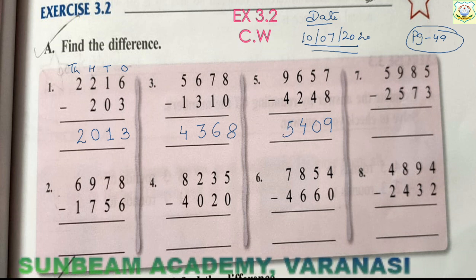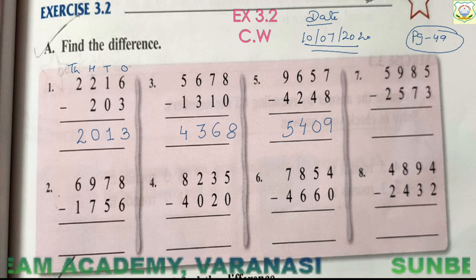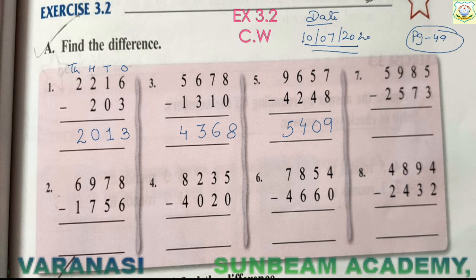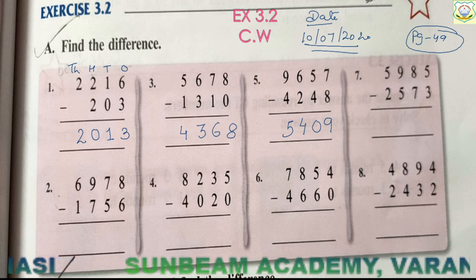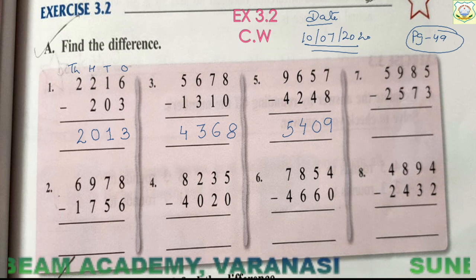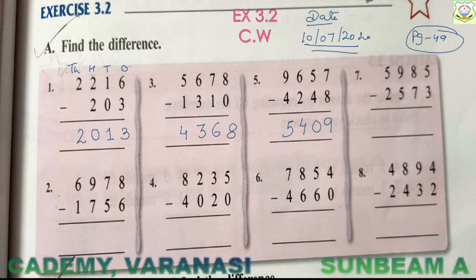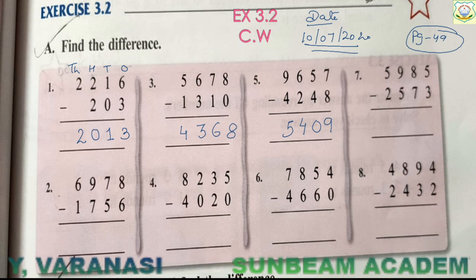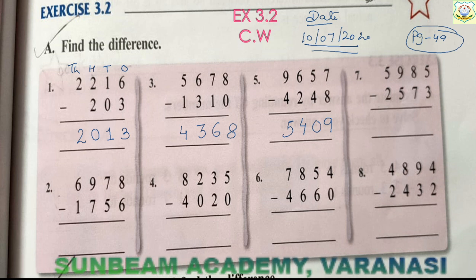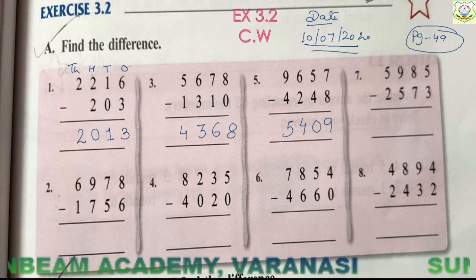Okay. Now moving towards the next question. 5985 minus 2573. Right. So now 5895 minus 2573.